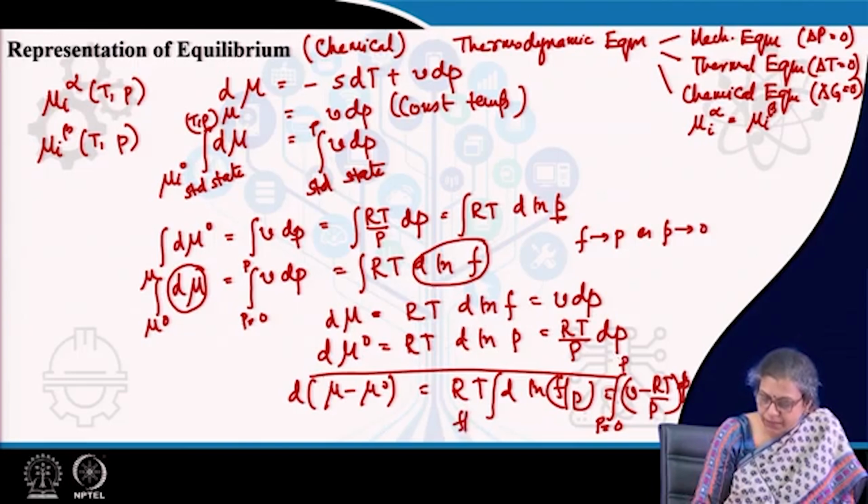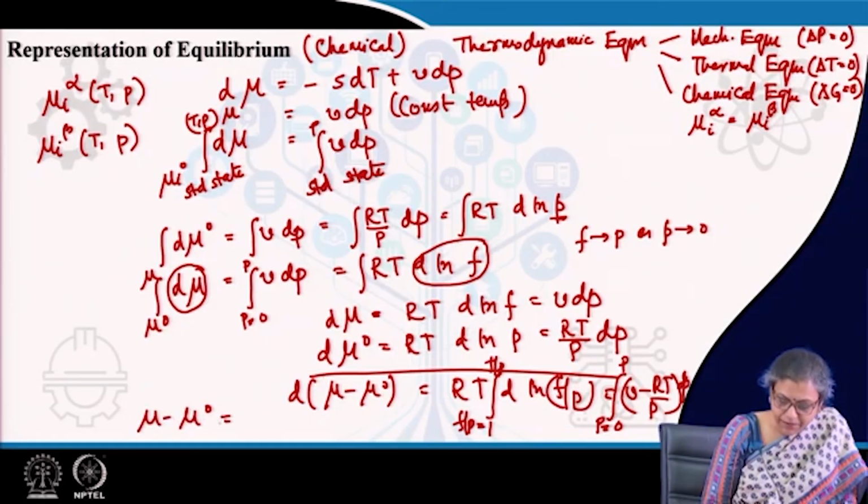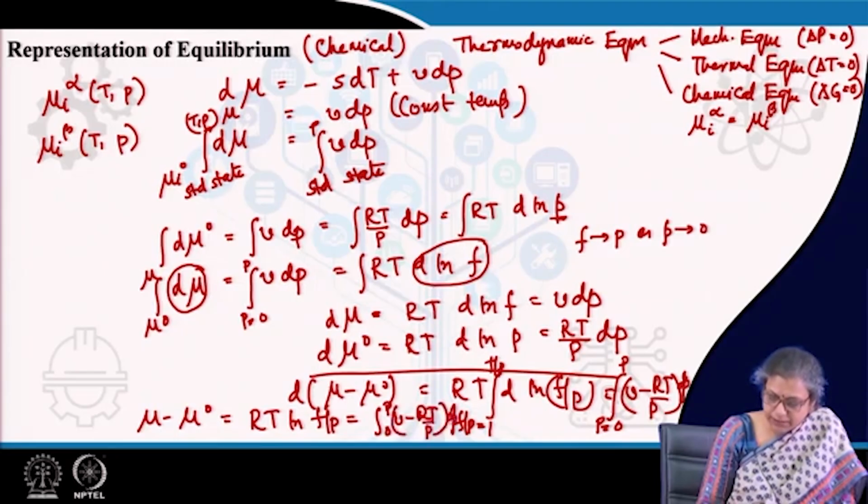So, in this way, on integrating this, we can write mu minus mu 0 equals RT ln F by P, which will be equal to the integral from 0 to P of V minus RT by P dP.